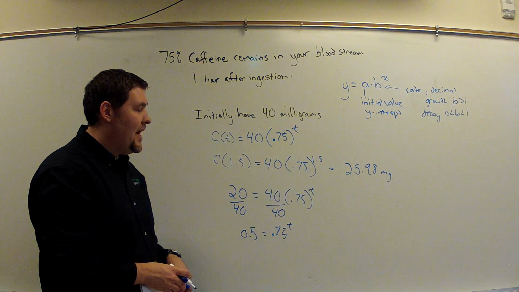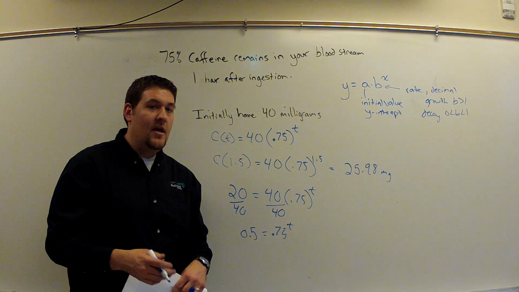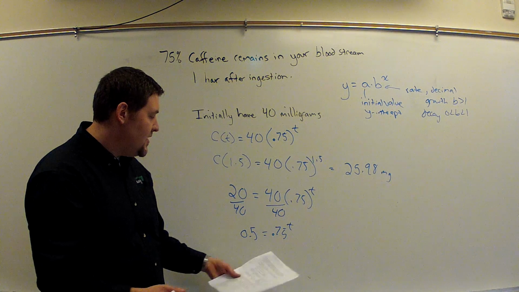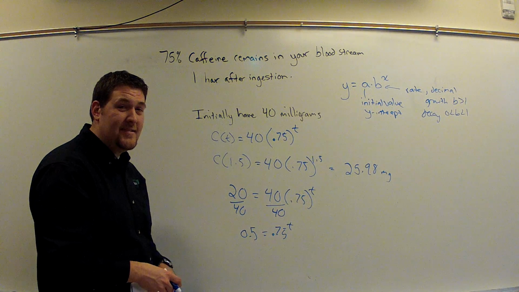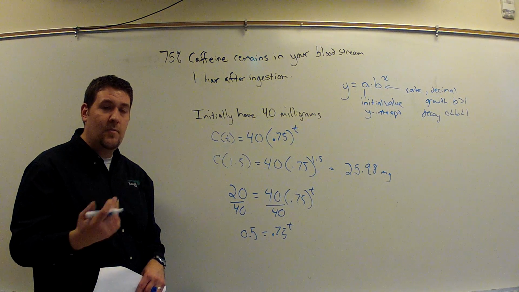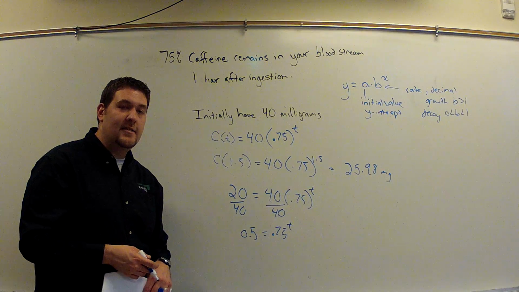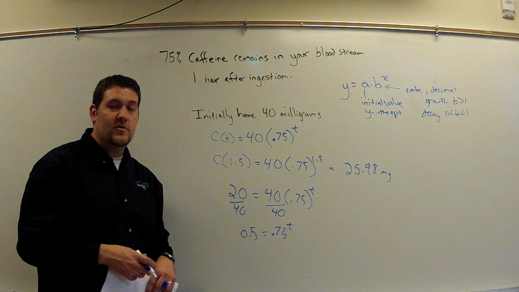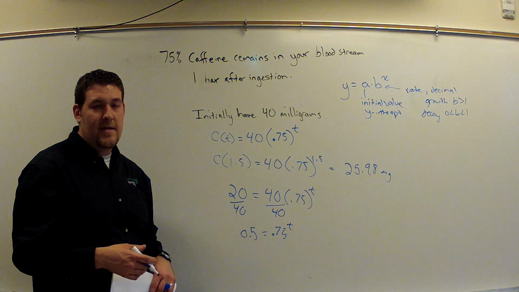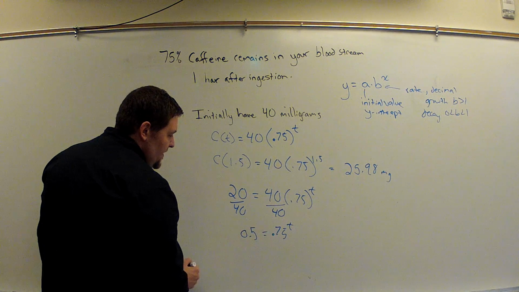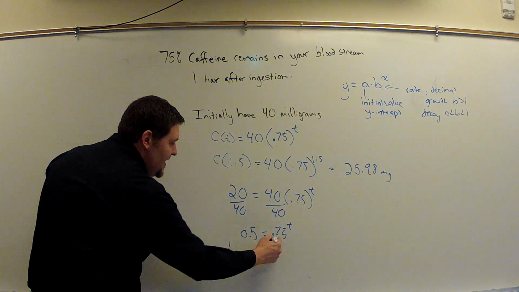Our next step, however, is to solve for t using the inverse operation to base exponentials. 0.75 is our base. Let's use a logarithm that's base 0.75. We can do that on our Inspires, and if you're not using a TI Inspire, we can still do this on the 84s or a prior calculator that only has base 10 exponentials. I'll show you that second. What I want to do is use a logarithm with the same base as this exponent.